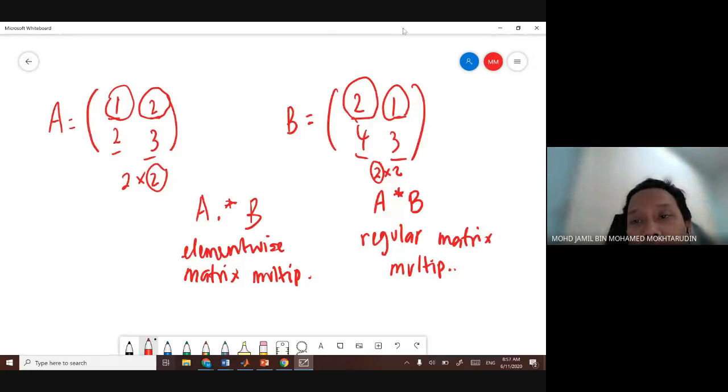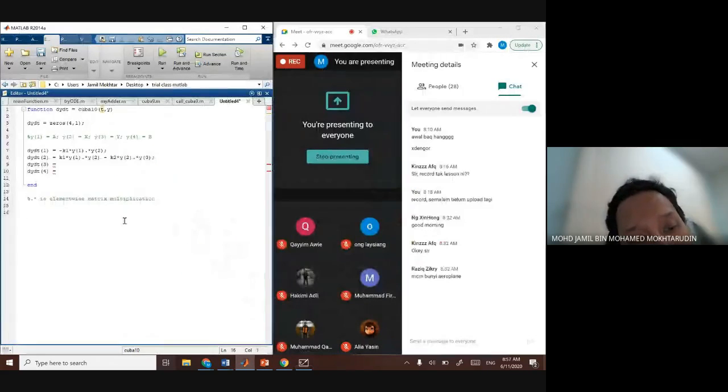Okay. So untuk ODE dalam MATLAB ni, dia sentiasa element wise, okay? So kalau kita buang dot ni, dia akan assume kita nak buat regular multiplication. So sometimes it can give error, okay? So to avoid error, just put dot star for each multiplication.